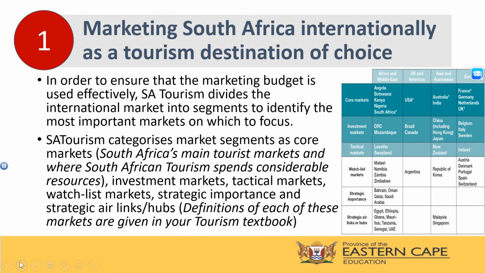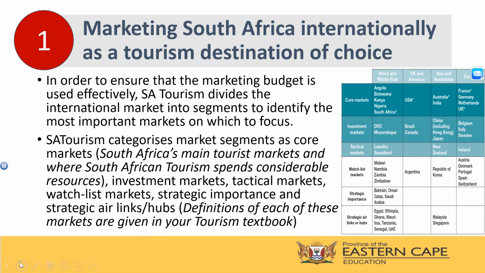If we then continue to look at the core business of SATourism, the first bullet on your screen, in order to ensure that the marketing budget is used effectively, SATourism divides the international market into segments to identify the most important markets on which to focus. Now, if we could perhaps just take a few minutes to have a look at that word segments.